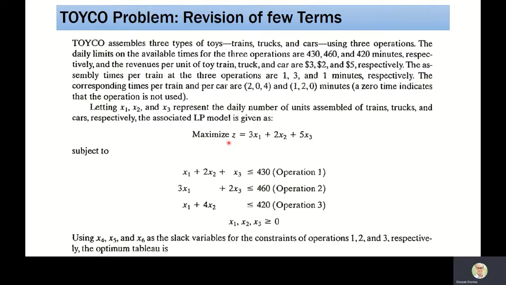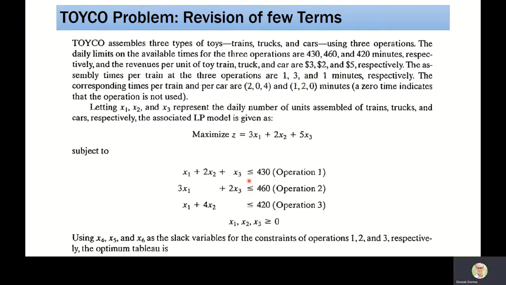Here we are maximizing the revenue that we are going to get from these three types of toys. This problem is subject to three constraints based on operation 1, 2, and 3. As per the definition of the problem, we made these three constraints, and all these variables are non-negative.